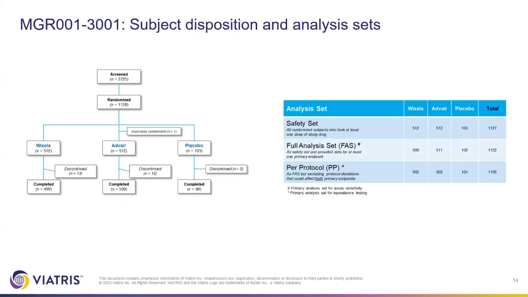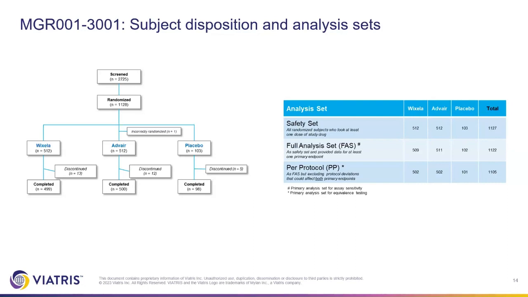The good news was that the vast majority of subjects made it through all treatment. There were a very small number of discontinuations, well below the 10% that we'd included in the sample size, which gave us a few more subjects getting to the end of the study than we had expected, which was probably helpful. The vast majority of the subjects made it to the per protocol analysis.